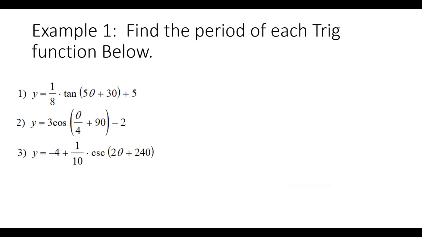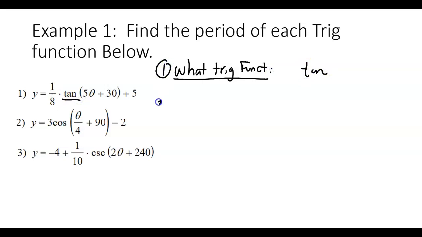All right, so for example 1, first of all, what function do we have? What trig function is this? Well, it's a tangent, right? Okay, next, what's the period of a trig function of tangent usually?